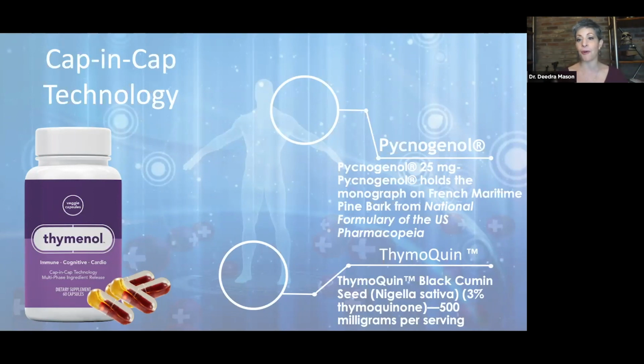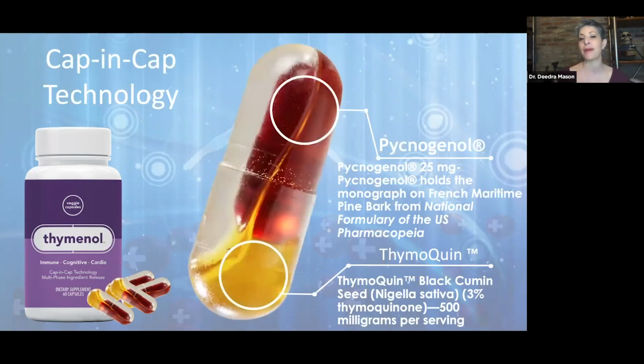All of this together mixed in a cap-in-cap technology gives you a multi-phase release product. What we have here with these 2 capsules is first the release of the powerful black seed oil, and then the benefits of pycnogenol. So we've got the gastrointestinal tract covered, right?